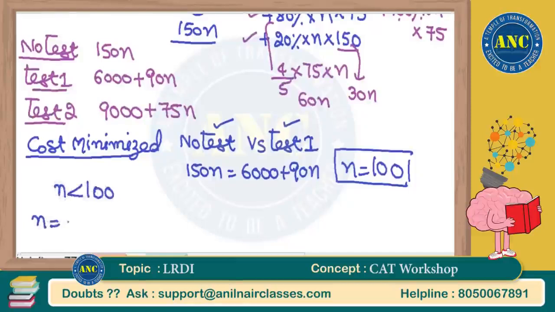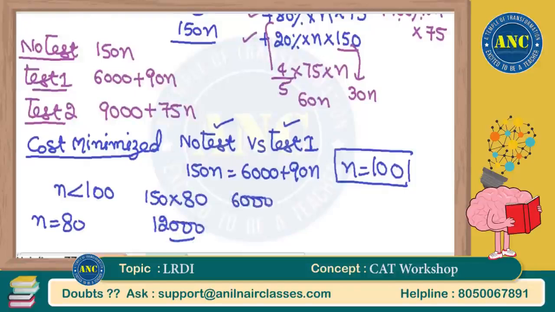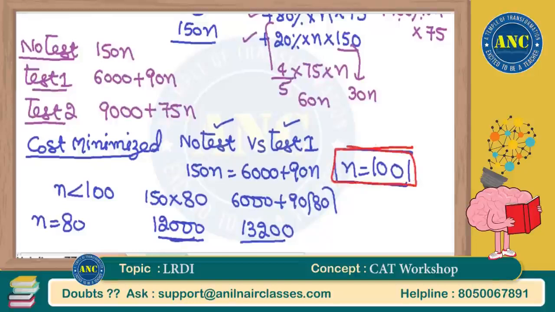If n equals 80, no test will become 150 into 80, which is 12,000. Test 1 will become 6,000 plus 90 into 80, 7,200 plus 6,000, 13,200.